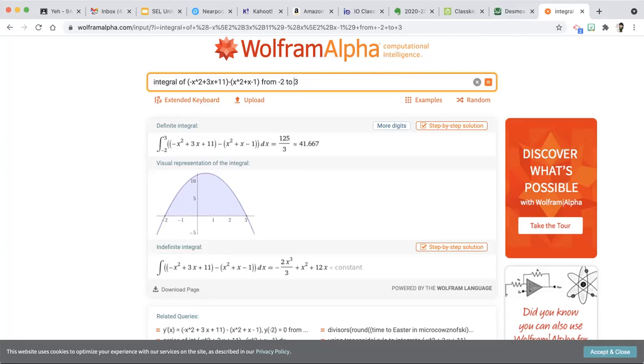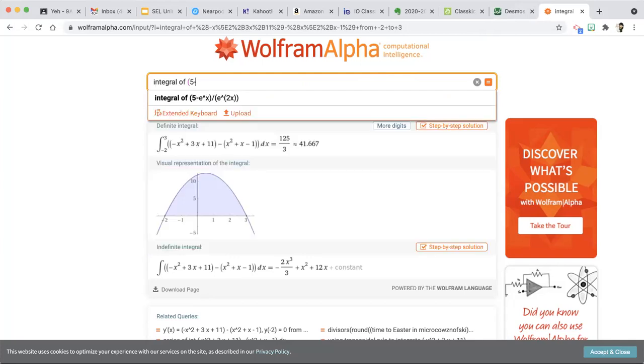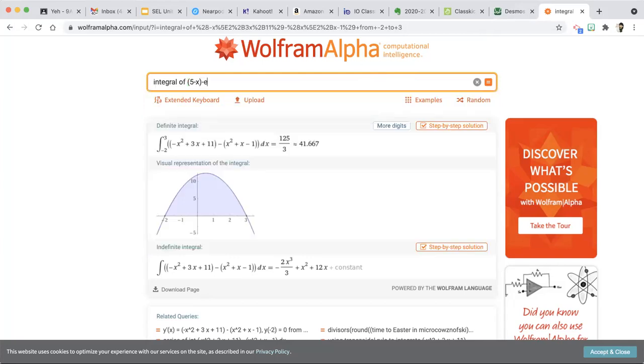Okay, for this particular one, I'm going to write integral of 5 minus x minus e to the x. Notice I kept that first one in parentheses. If the second one had more than one term, I would also put it in parentheses. From 0 to 1.3006.